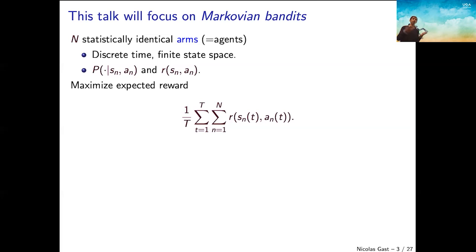And so I have n arms in front of me. I will consider, so I said, a discrete time finite state space model. Discrete time is not necessarily the important thing here, but finite state space and action is sort of important. And again, all my arms evolve independently if you fix the action.